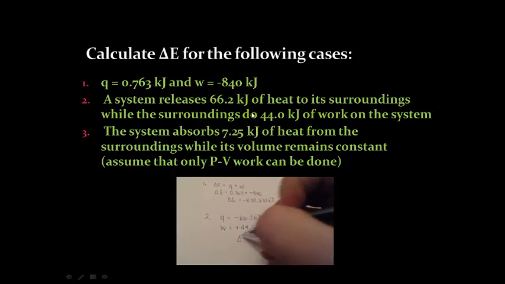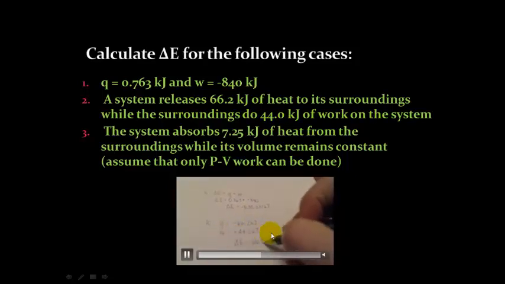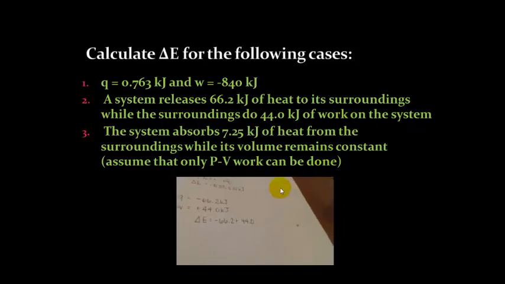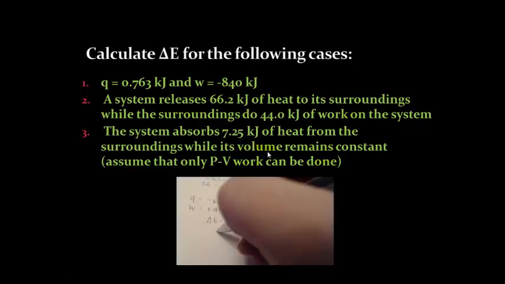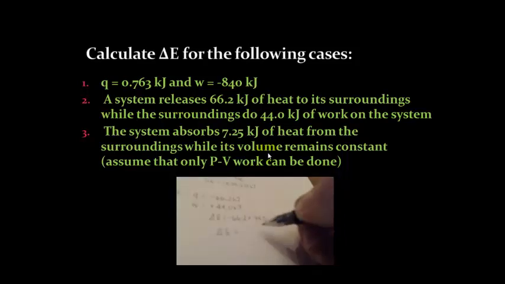And the surroundings are doing work on the system, so we're going to have a positive W, so positive 44 kilojoules. And when we plug those in for delta E, we get negative 66.2 plus 44 kilojoules. And so delta E is going to be equal to negative 22.2 kilojoules.